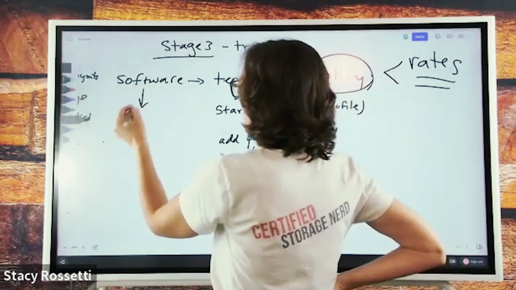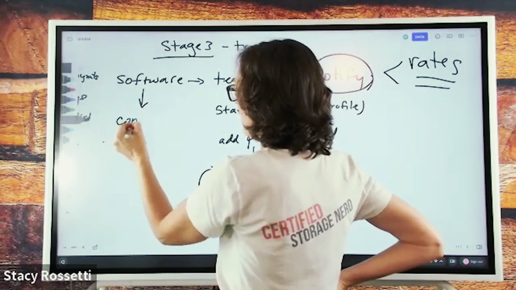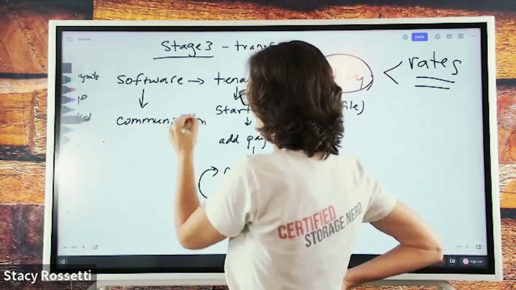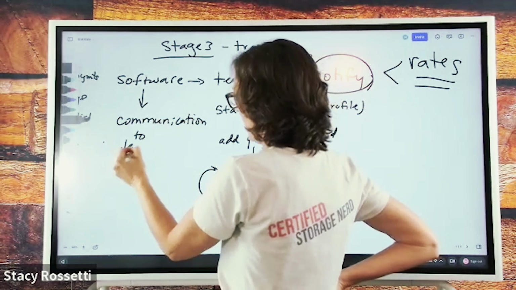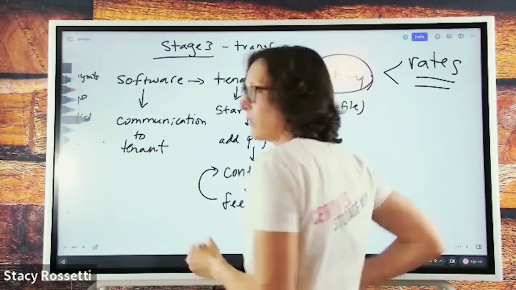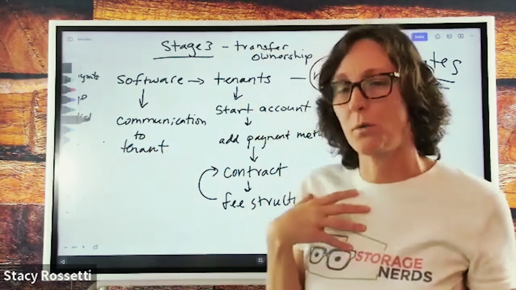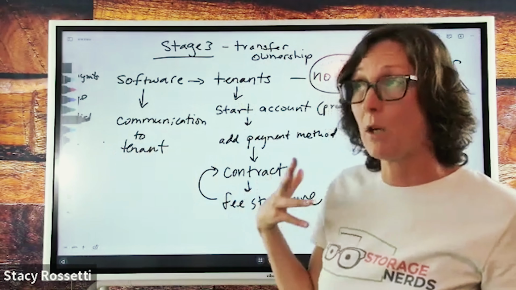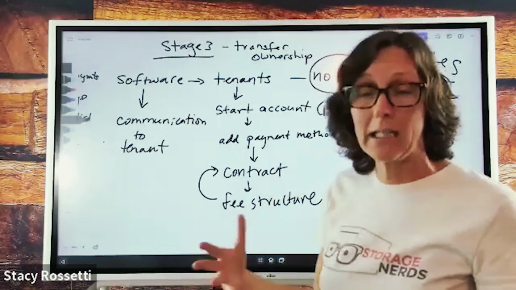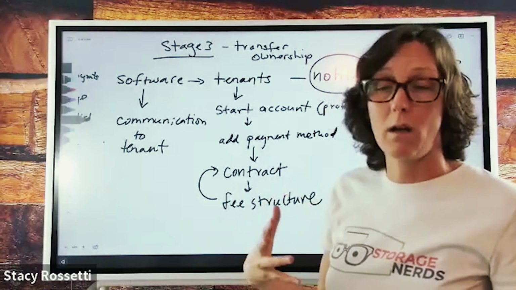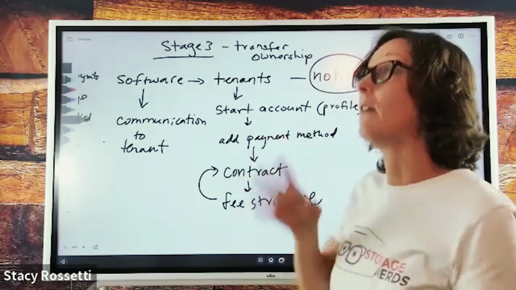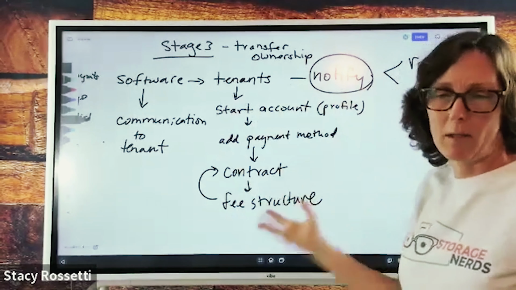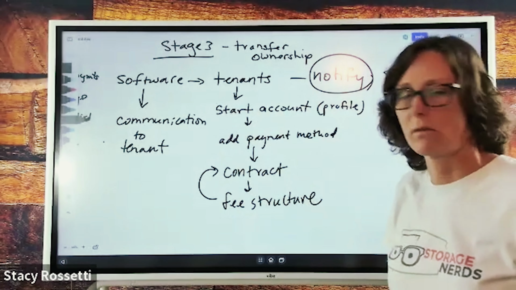Take your communication with the tenant: we do all communication through email and text messages. Typically, we have that all set up and ready to go when we're closing on the facility. We send an email to notify as well, if we have their email addresses. A lot of times we don't have the email address.